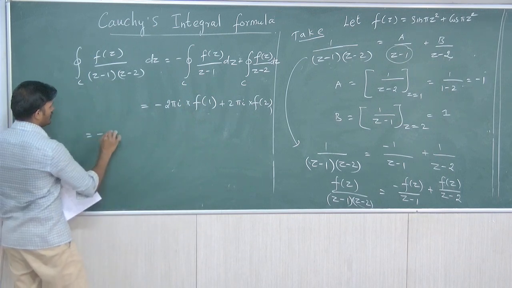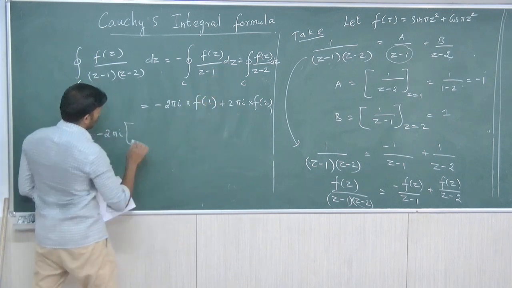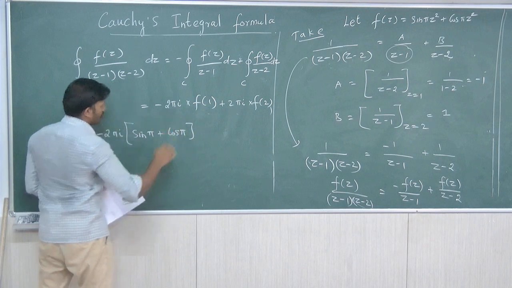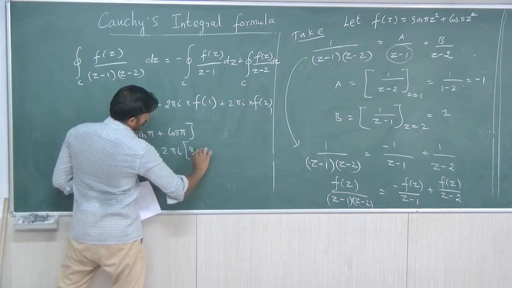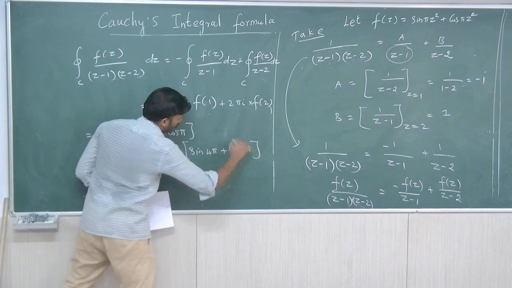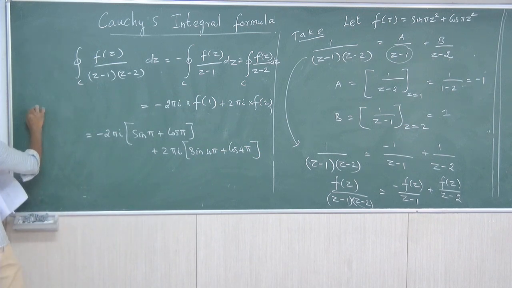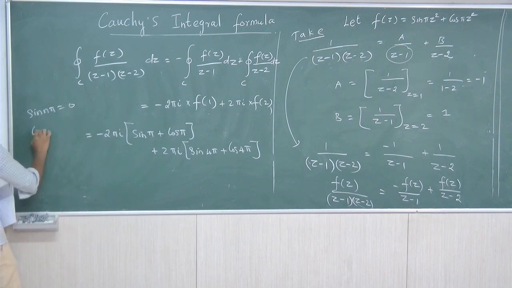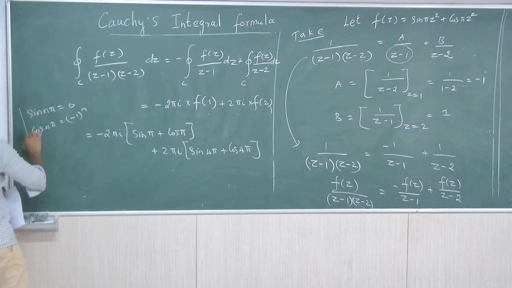So from that, if you substitute z equal to 1, you may get minus 2 pi i times (sin pi plus cos pi) plus 2 pi i times (sin 4 pi plus cos 4 pi). So already you know the result. sin n pi equal to 0, cos n pi equal to minus 1 power n.